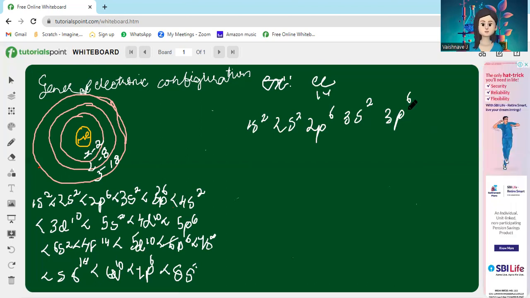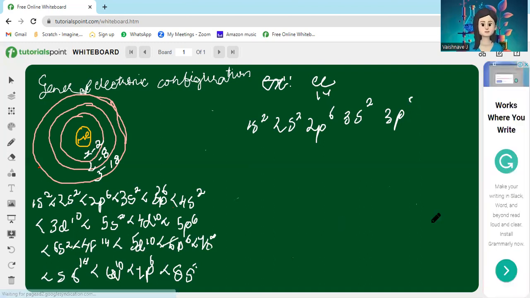We have 18, so we should get one less, which means 3p5.